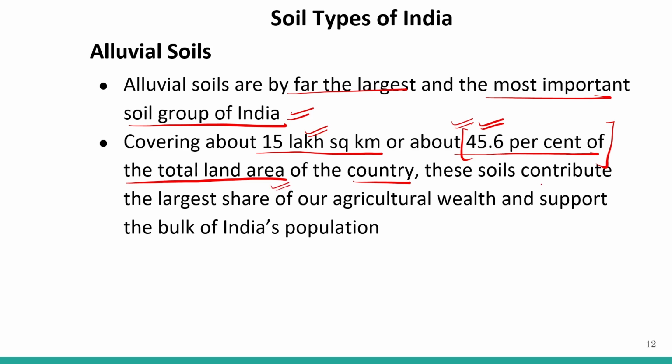Okay, so these soils contribute the largest share of our agriculture wealth and support the bulk of the Indian population. So now you can think why our country is so rich in agriculture wealth, because we have a very fertile type of soil that is called alluvial soil.